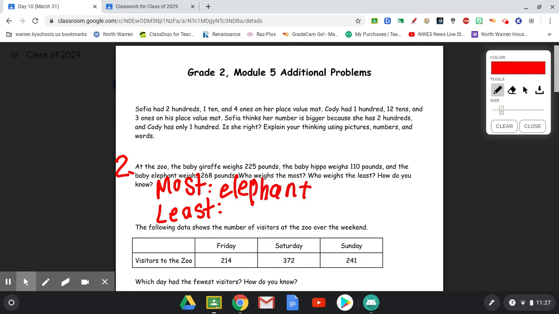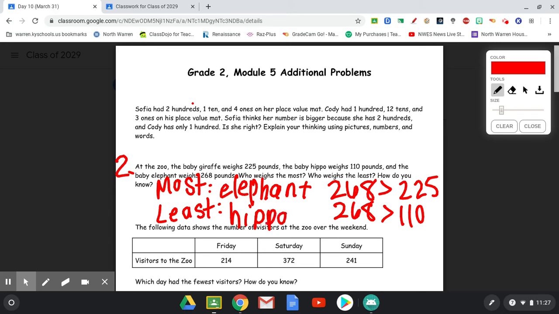And how I could show that I know is by creating a comparison equation, okay, that 268 is greater than 225 and 268 is greater than 110, okay? The one who weighs the least is going to be the hippo.